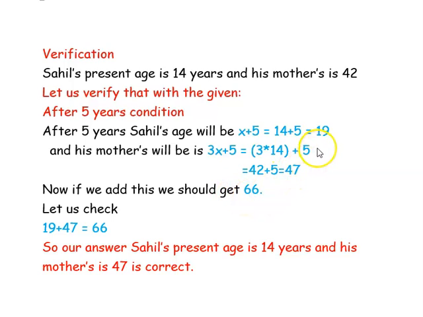If you add this 19 and 47 you will get 66. So this is the age after 5 years, and we are getting 66. So our answer is correct. That is, Sahil's present age is 14 years and his mother's present age is 42 years.